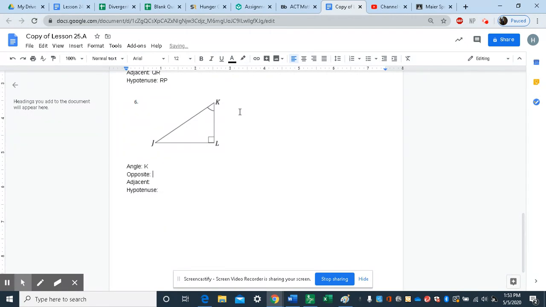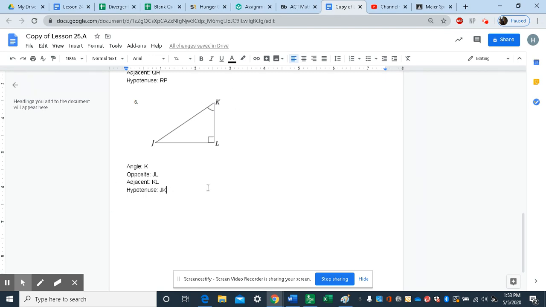Let's start with our opposite. We're going across the triangle to the side that's opposite the angle, which would be JL. The side that's adjacent is going to be KL. And then the hypotenuse is going to be the diagonal, which is JK.